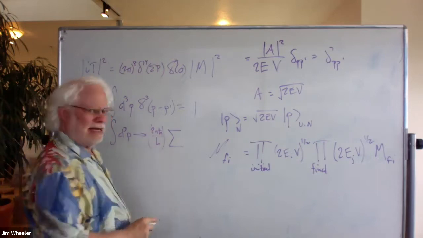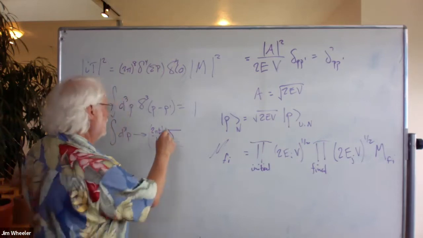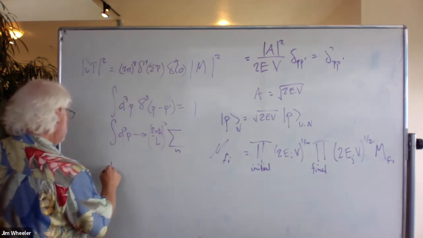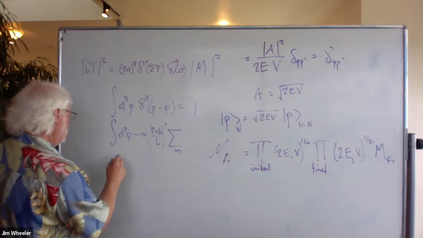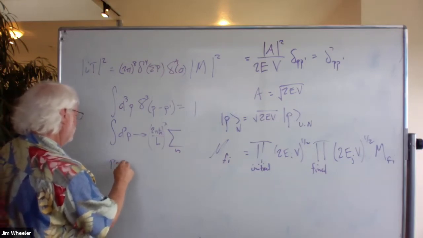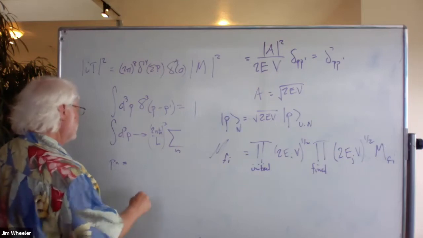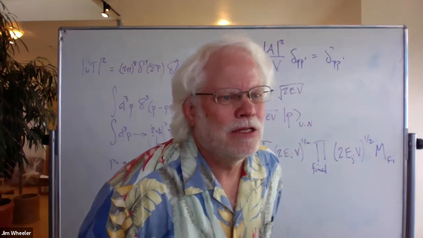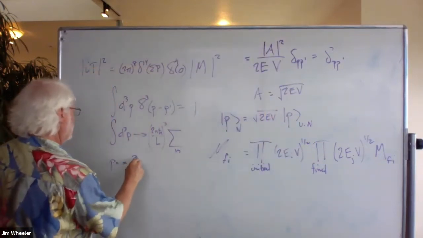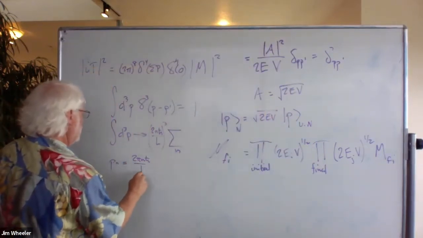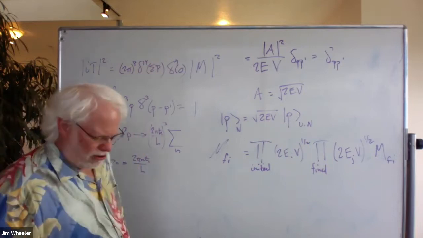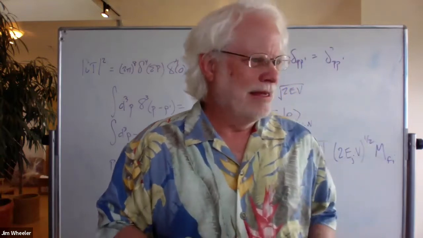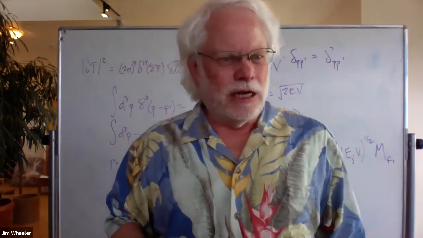We need (2πħ/L) cubed times the sum on n. That's because the momenta are going to be of this order, right? They're restricted to multiples of this, 2πnħ over L. And basically, the 2πħ is the size of an area element in phase space.